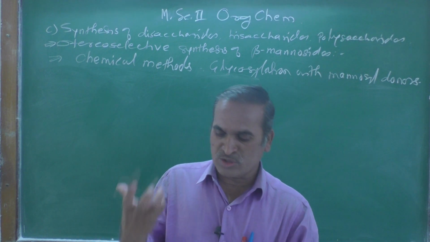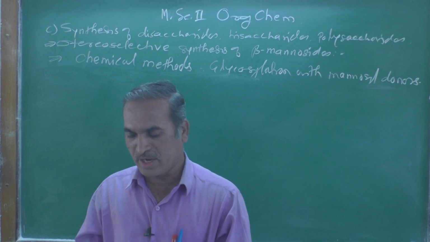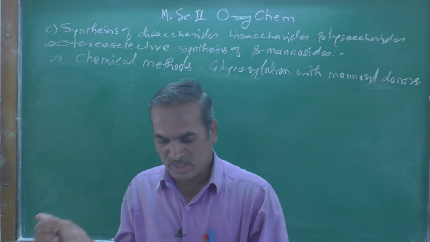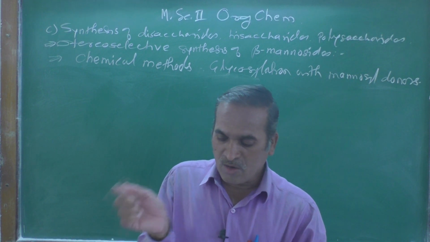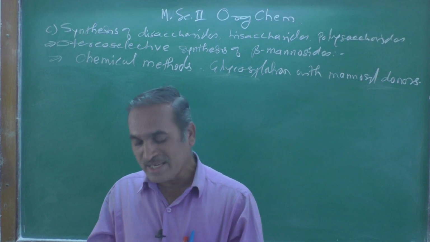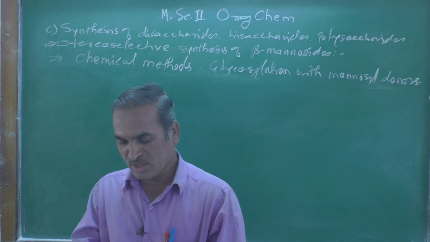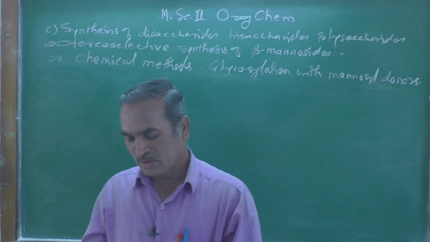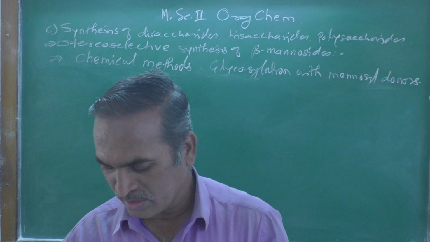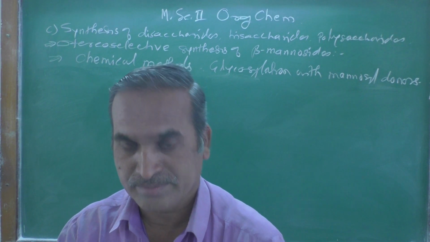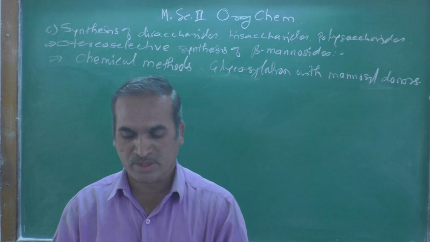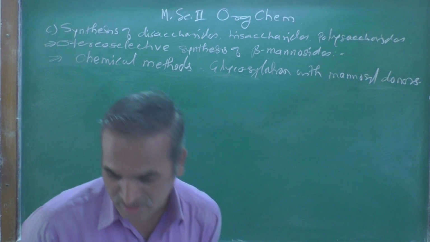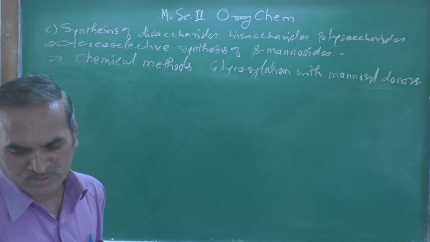Condensation of the mannosyl donor, structure number 13, with N-octanol, which as we know is an alcohol, affords the beta-linked mannoside, structure number 14, in excellent yield even without any acyl substituent at O4, which is represented in scheme number 5.